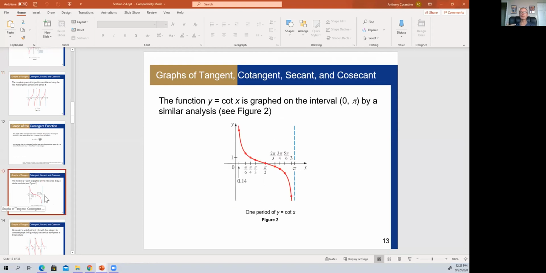So you can see it looks very similar to what the tangent looked like, except our asymptotes are different. Same period, right? Here the period again is pi. And you can see that it goes in a little bit different direction where we blew up to positive infinity, but tangent when it goes to the right. Well, since we flipped the fraction, it's opposite, right? Now we're going down to negative infinity. And then when we go to the left, we go up to positive infinity.